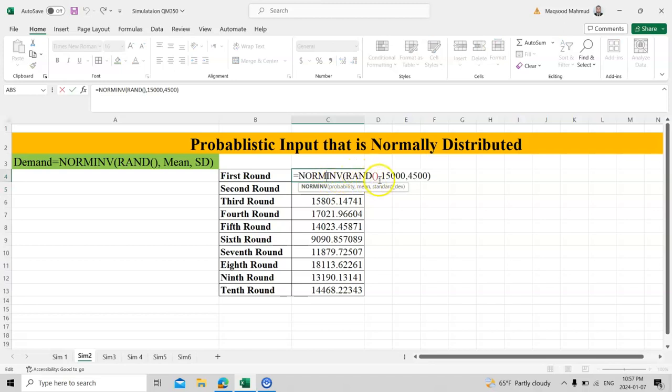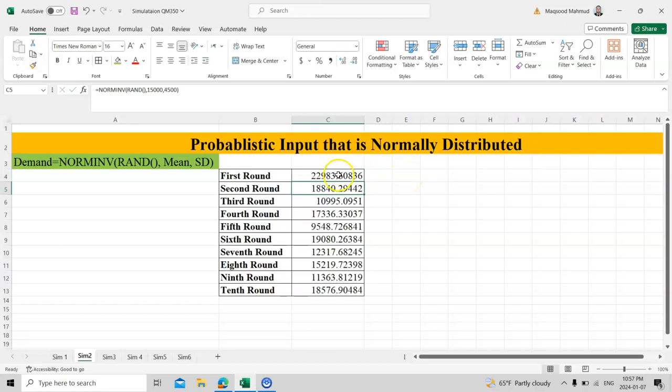The random number, comma, the mean value of your data, comma, standard deviation. These three items you need for the inverse of the normal distribution. If you have these, you can just drag and drop, and you will have the new values, right?